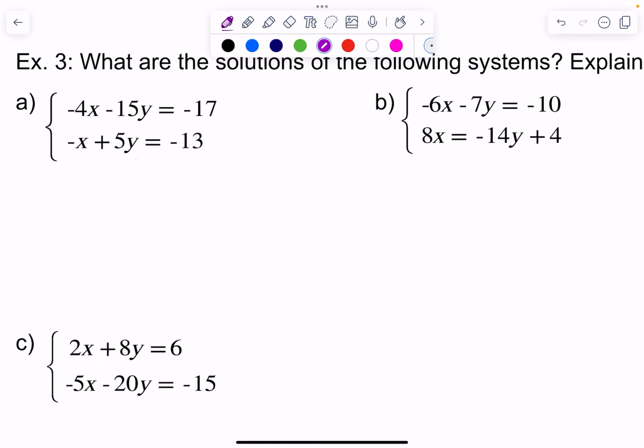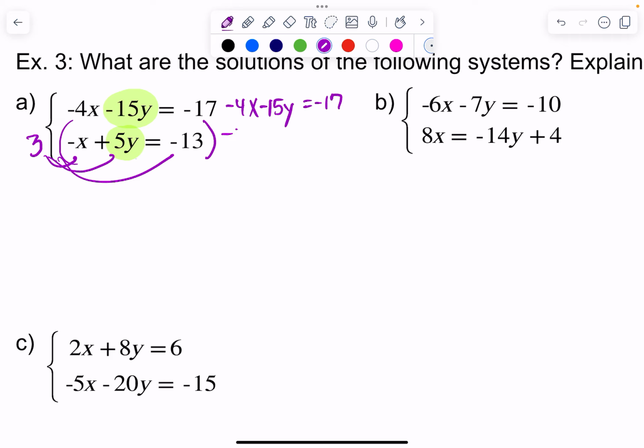For 3a here, me personally, I'm going to change things up and I'm going to go ahead and eliminate the y's. So all I got to do here is multiply the bottom equation by 3. So then I have negative 4x minus 15y equals negative 17.